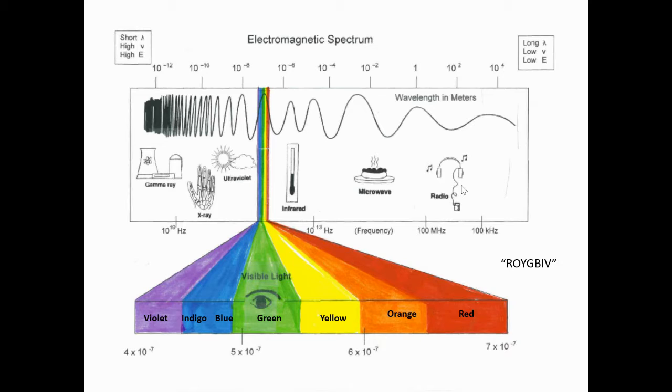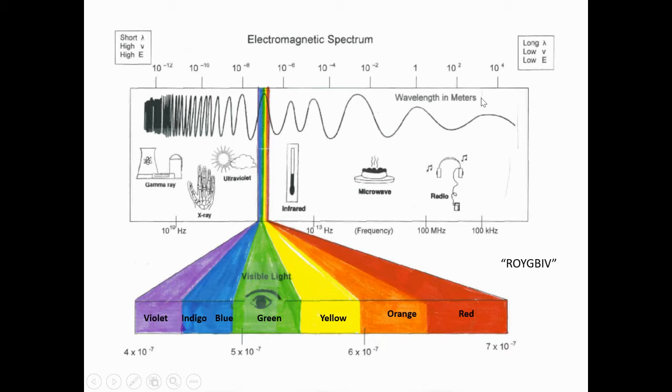Now, from the other notes, we also know that there is a thing called frequency, and wavelength and frequency are inversely related, which means that as one gets larger, the other gets smaller, and vice versa. So radio waves are very long. They have a very high value for their wavelength, 1 to 1,000 meters.